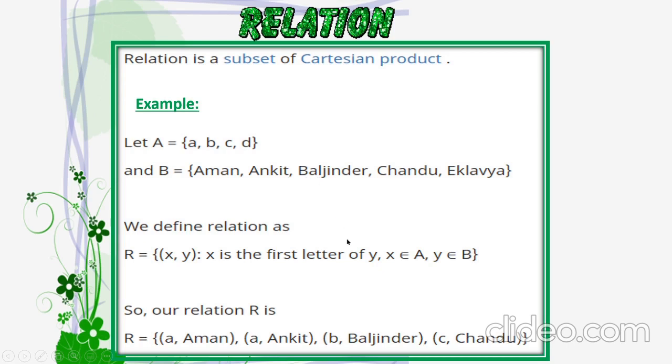Yes, we have one name. So again we will make one ordered pair. Then C. Do we have any name starting with C? Yes, we have. So C Chandu. Then do we have any name starting with D? No. And do we have any alphabet of this name, E? No, we don't have. So basically these four ordered pairs will come into this relation.